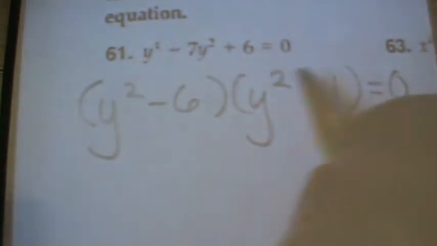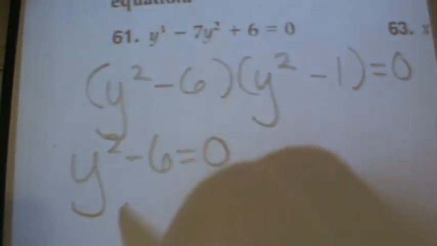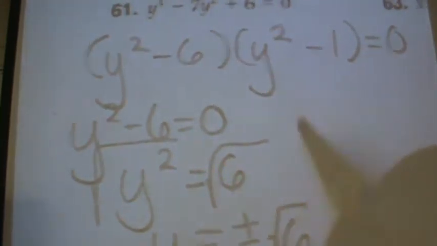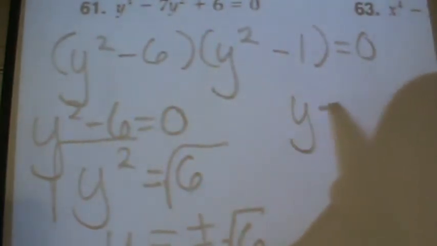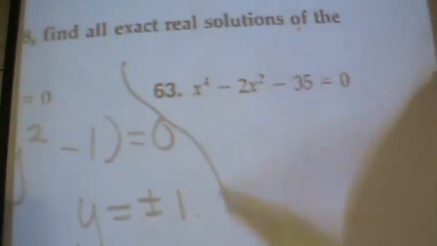Then set each of these equal to 0. Anyone have the answers? And this is plus or minus 1. Give you that in your head, right? So there's up to 4 answers, and we got all 4 of them. 1, 2, 3, 4.